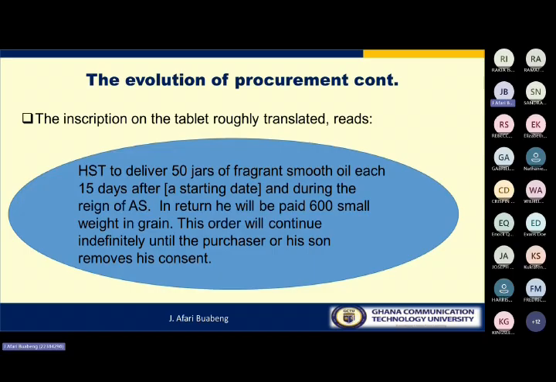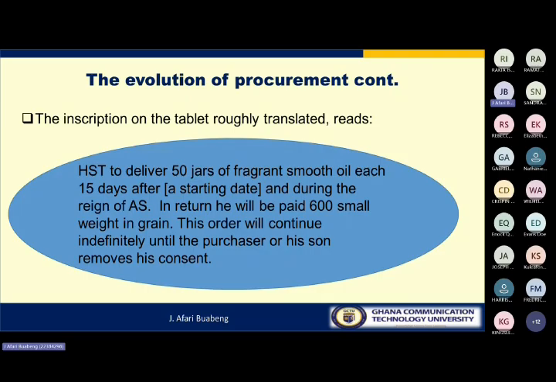In return, after the supplier had supplied these 50 jars of fragrant smooth oil every 15 days, he will be paid 600 small wage in grain. So in fact, there was no money at the time. More or less, there was what we call barter trade. If you supply this, we'll give you this.